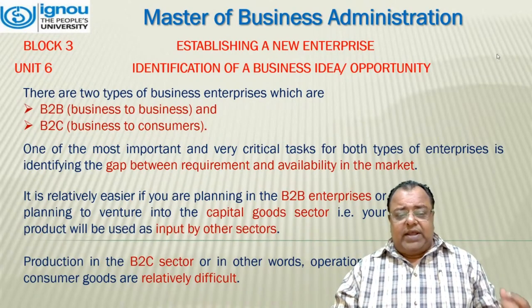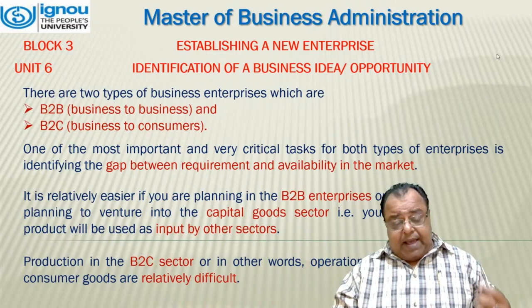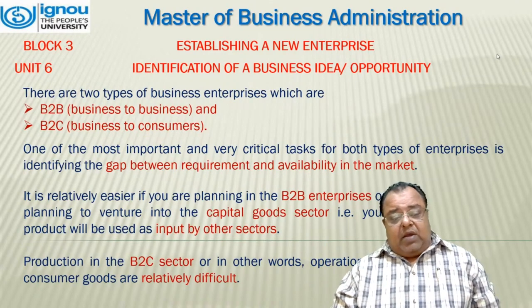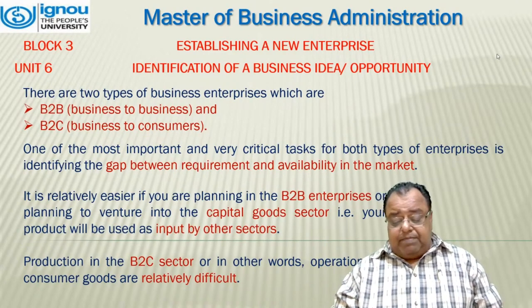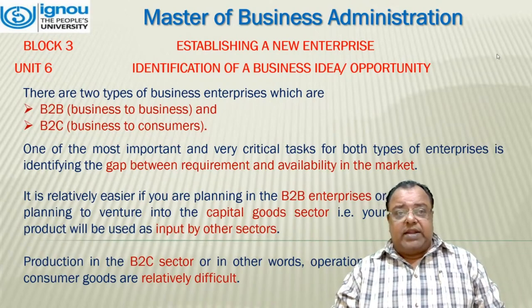It is relatively easier if you are planning a B2B enterprise or planning to venture into the capital goods sector. That is, your product will be used as input by other sectors. Whereas production in the B2C sector, or in other words, operations in consumer goods, are relatively difficult.